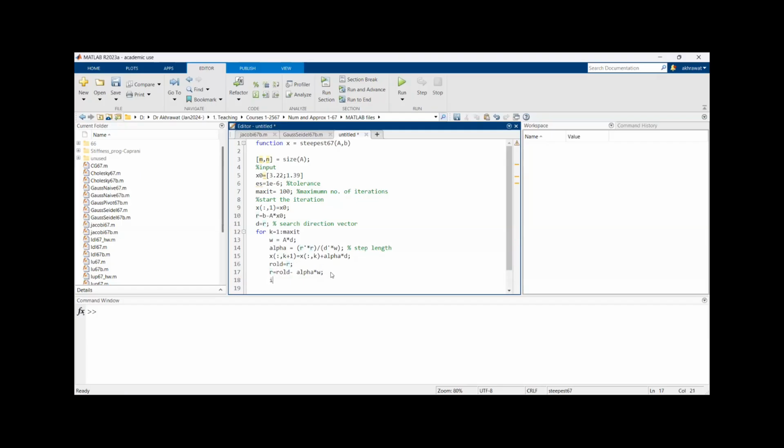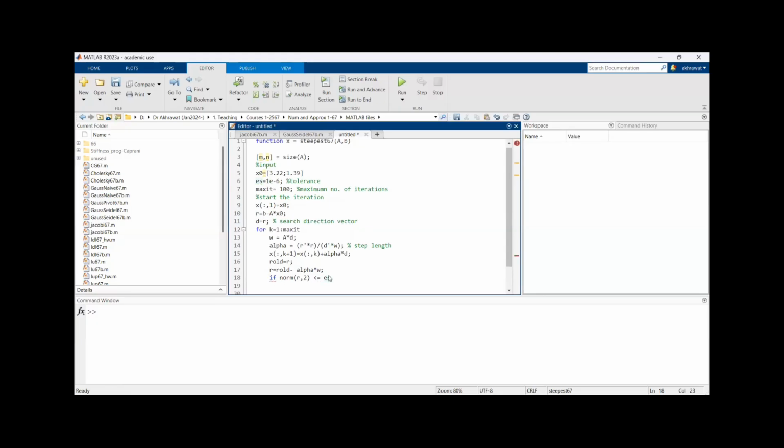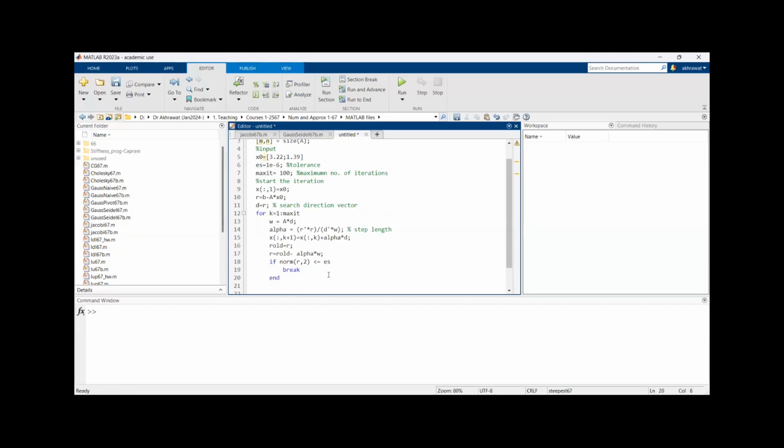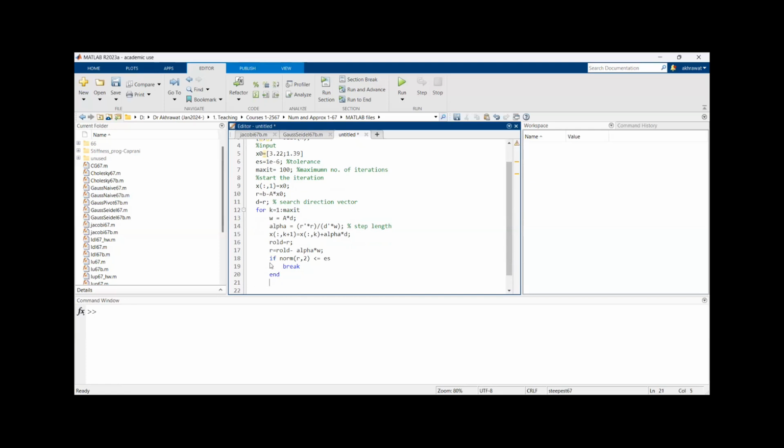And check the norm. If the norm of R, 2 means that we consider the Euclidean norm, is less than the tolerance, we break. This is the early termination, if the stopping criterion is satisfied.